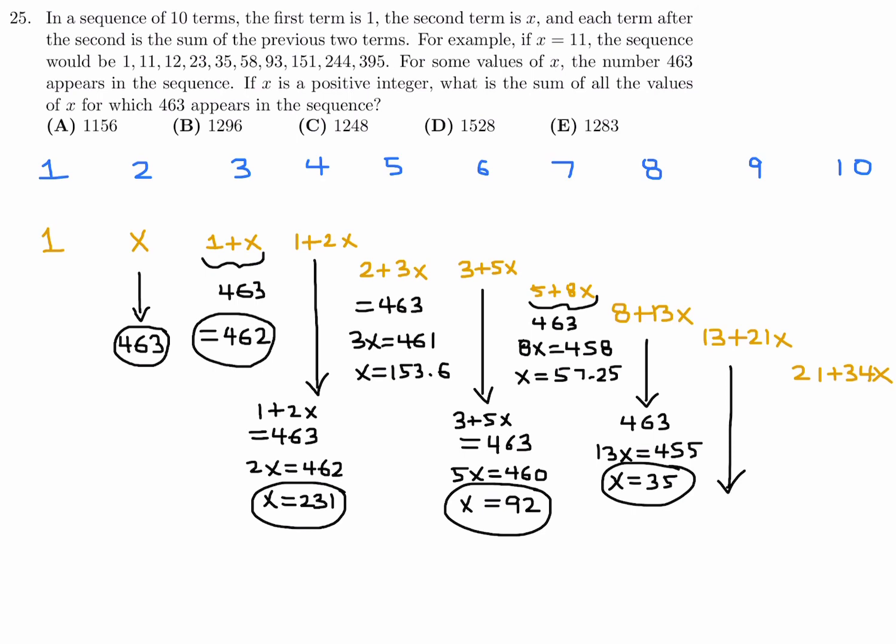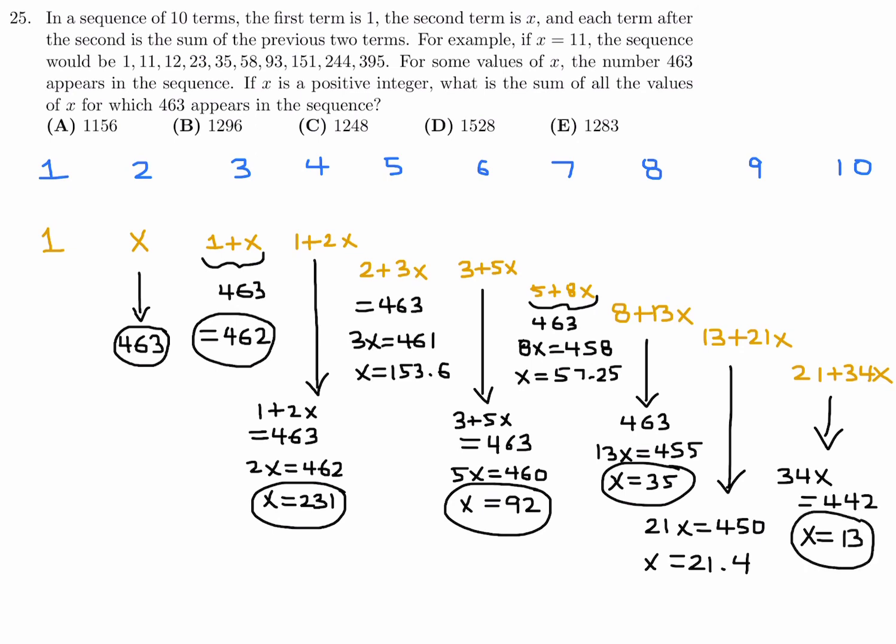So now if I set that equal to 463, I get 21x is equal to 450, and therefore x would be equal to 21.4, not an integer. And then finally this guy, if I set that equal to 463, that would be 463 minus 21, which is 442. And therefore x here is equal to 13.